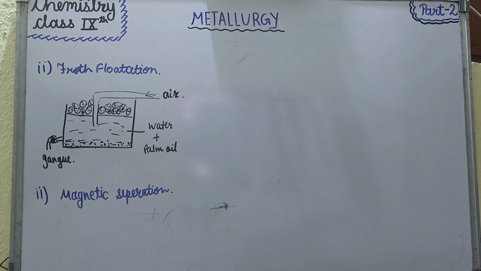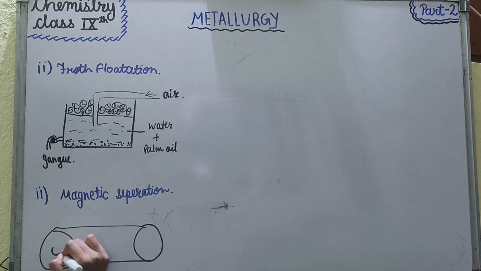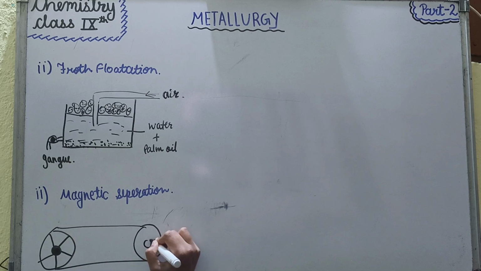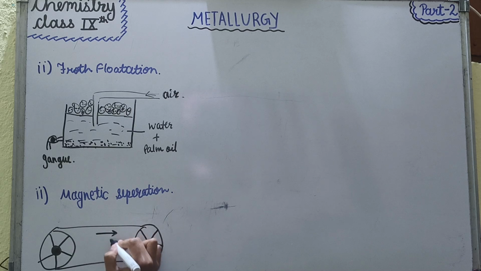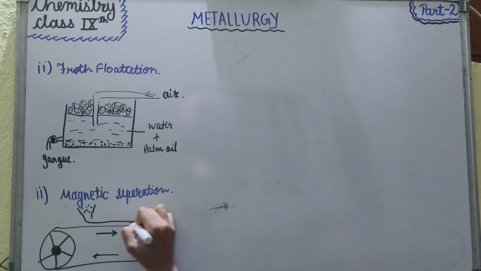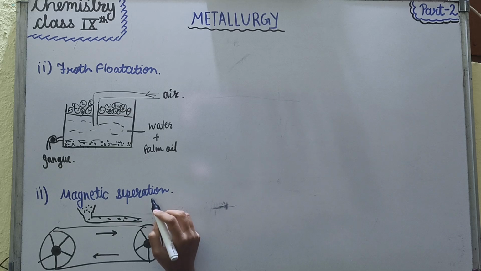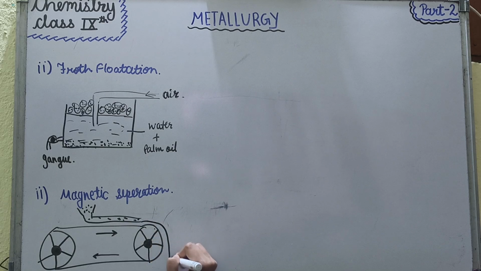The diagram I like to show. Over here it is crushed ore. These wheels are magnetic wheel.